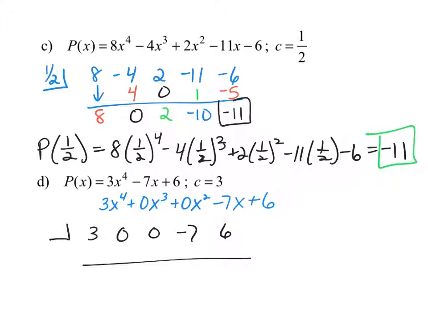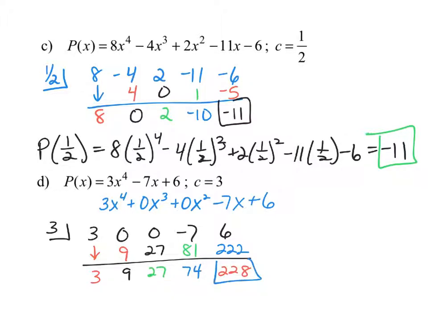And since c is equal to 3, we're going to put a 3 in the box. As always, we bring down that first coefficient of 3, multiply 3 times 3 to get 9, add 0 plus 9 to get 9, multiply 9 times 3 to get 27, add 0 plus 27 to get 27, multiply 27 times 3 to get 81, add negative 7 plus 81 to get 74, multiply 74 times 3 to get 222, and then add to get 228.